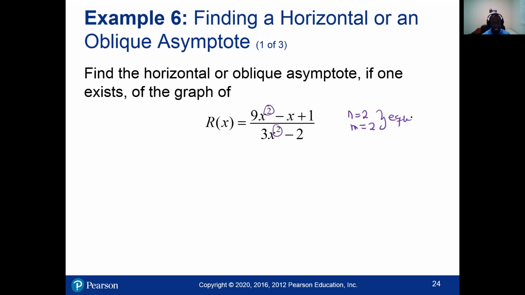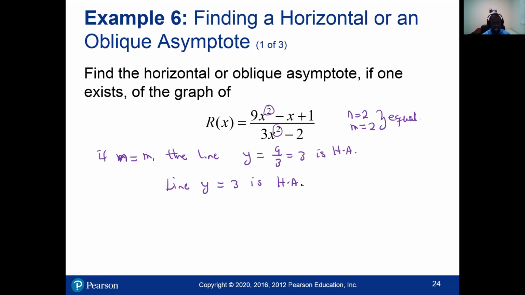If n is equal to m, then the line y is equal to the ratio of the leading coefficients. So in this case, 9 over 3, which is 3, is your horizontal asymptote.